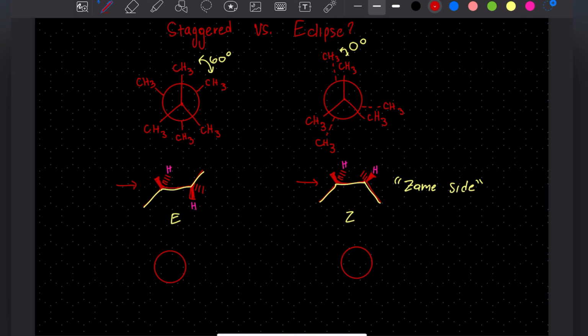From our front carbon, for this one right here, we can see that directly down is going to be a CH3. And from this direction, remember that our wedges will be to the right and our dashes will be to the left. So our CH3 right here is on a wedge, so it's going to be going to the right. On the other hand, our hydrogen is on a dash, so it's going to be going to the left.